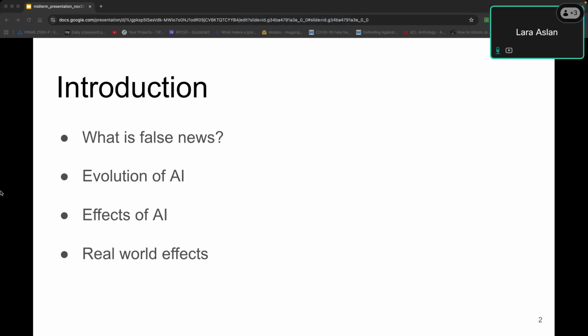Of course you're explaining everything according to this flow, but it feels like each of those points should be a separate slide, with some more information. For example, what is false news, and then we should have some more text. I know that you like minimalized presentations, but this could use a little bit more. Okay, sure. Maybe.